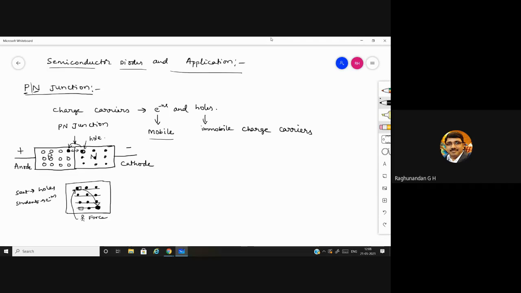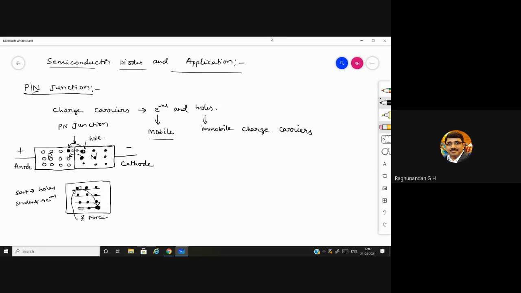Now, this is about the electrons and holes, their mobility and all. Let me take one more example. This electron is there. Now it is going to shift here because you know that positive and negative charges attract. When they are very near, they will attract and there will be flow of the charge.